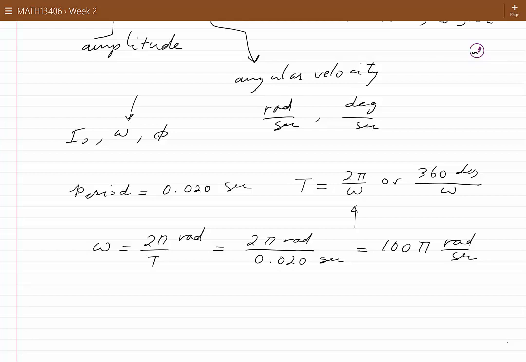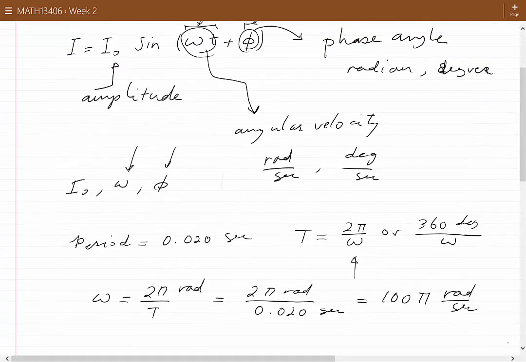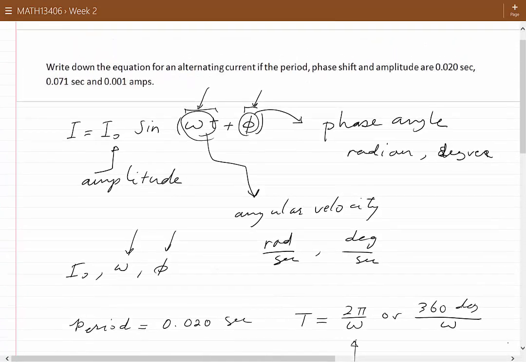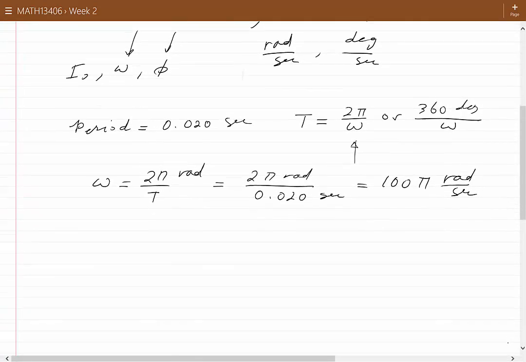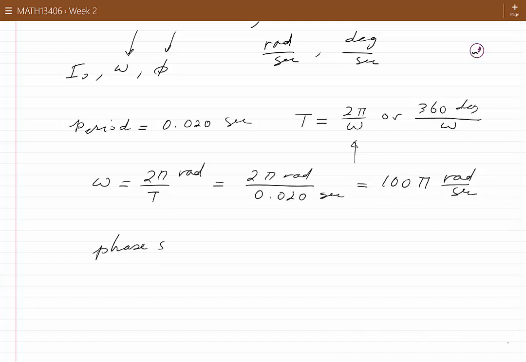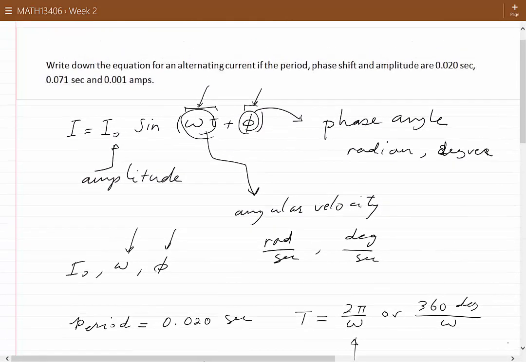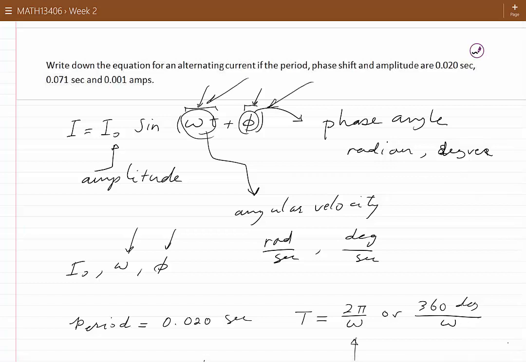So far I have the quantity omega. Now, to find the quantity phi, I pay attention to the fact that the phase shift is given. Phase shift is equal to minus phase angle divided by the angular velocity.